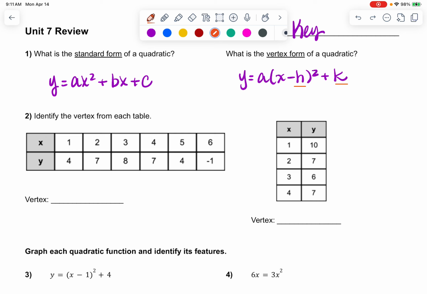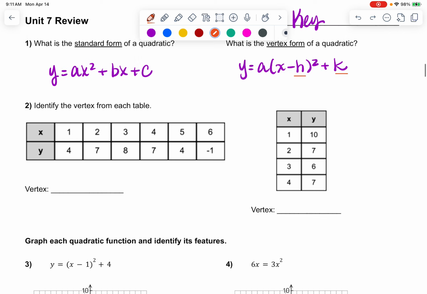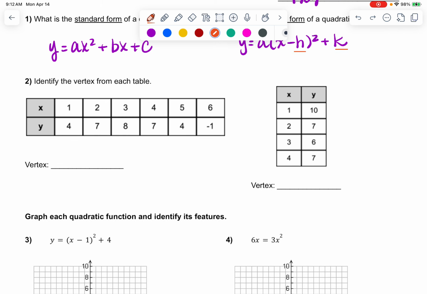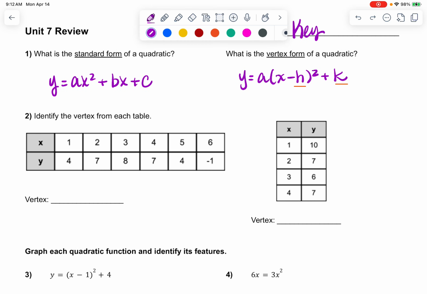All right, number two says identify the vertex from the table. So I just want to remind you that a parabola, let me just draw a quick little parabola here, every parabola has a vertex and every parabola has an axis of symmetry. And so that vertex point is kind of like the mirror of the quadratic function.